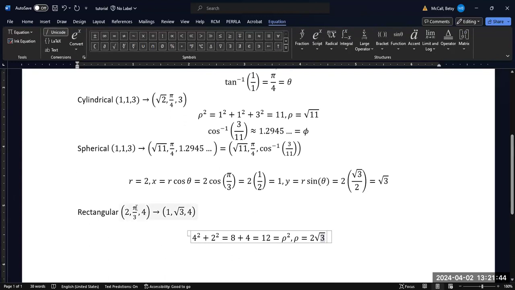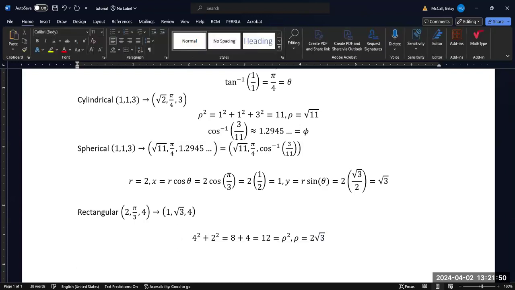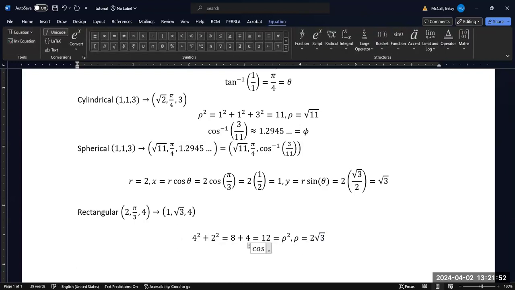And we have theta because that's given. And so we need to still find the angle phi. So inverse cosine of z, which was 4, divided by rho squared, which is 12.